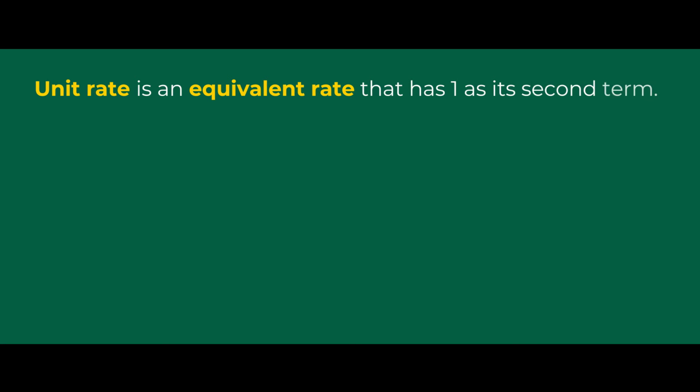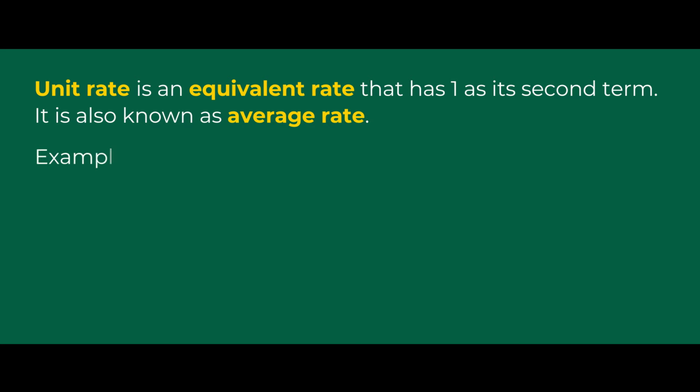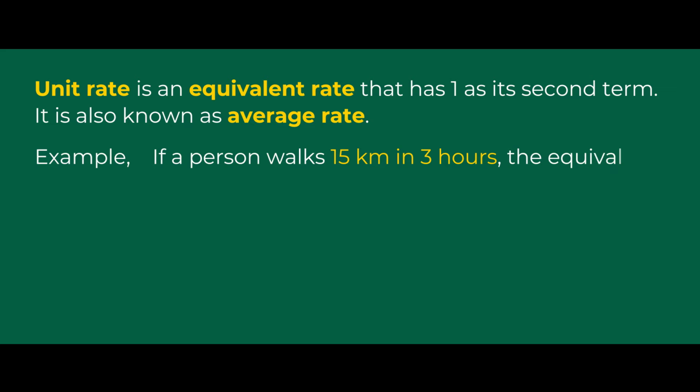Unit rate is an equivalent rate that has 1 as its second term. It is also known as average rate. Example, if a person walks 15 kilometers in 3 hours, the equivalent rate that would be 5 kilometers in 1 hour.